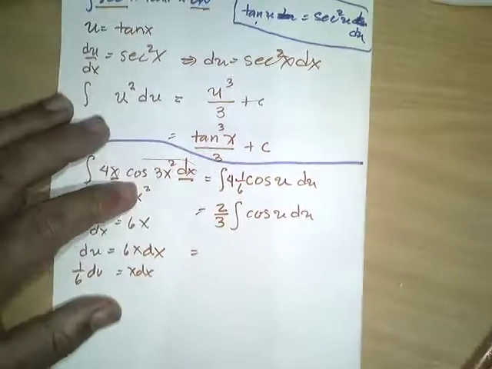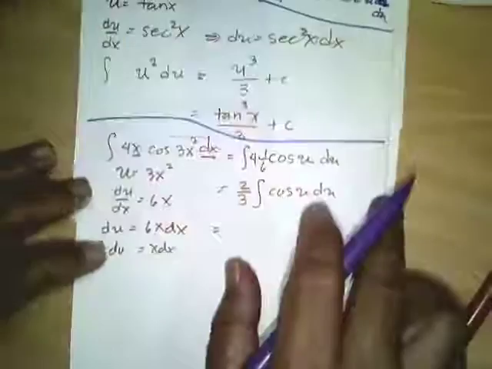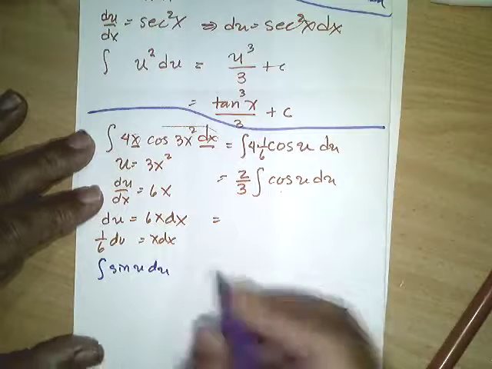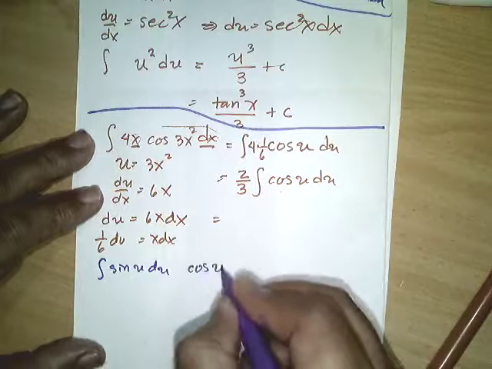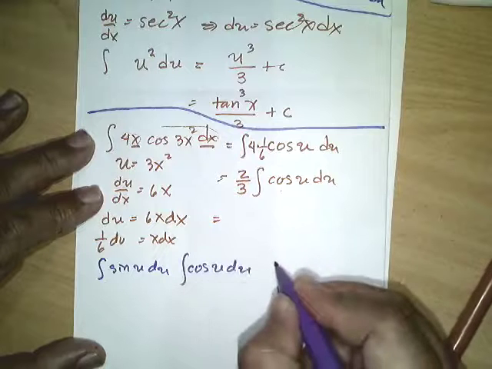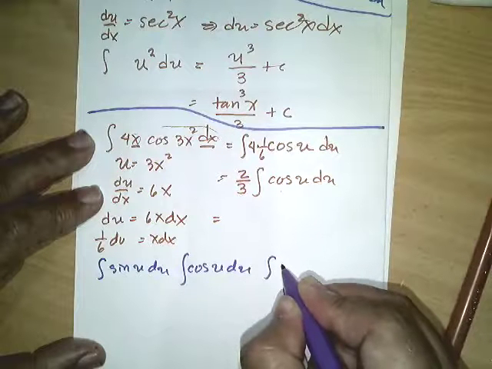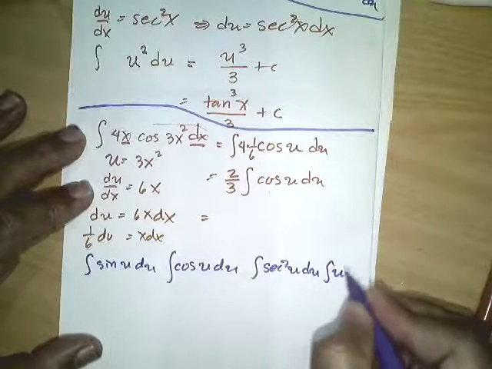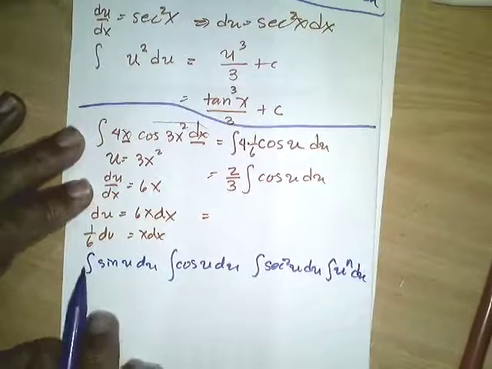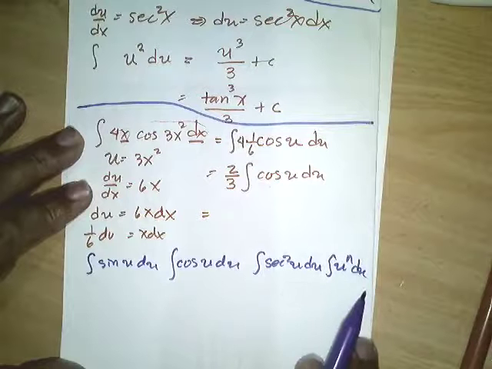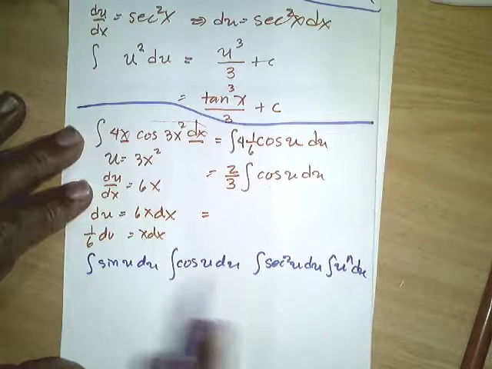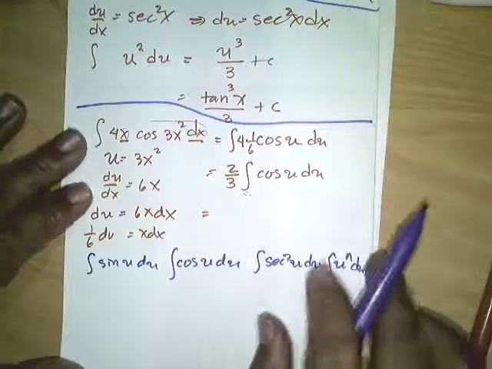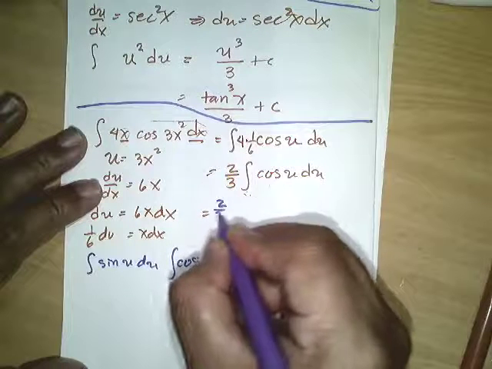When I say basic formulas, we can say that it's basic if we can write it in terms of sine u du, or cosine u du, or secant squared u du, or u to the n du. If you use integration by substitution and you are able to rewrite the question into this form, then your substitution is correct.